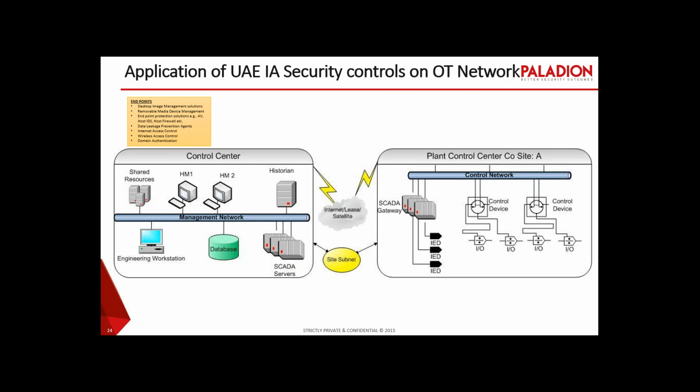Most of the time we have seen that to secure endpoints on the SCADA side, we need desktop image management solutions, removable media device management solutions, data leakage prevention agents, internet access control, because a SCADA network is by default a very sensitive area, and you need to control the internet access properly, wireless access properly. Then domain authentication; SCADA networks do need to follow domain authentication protocols as well.